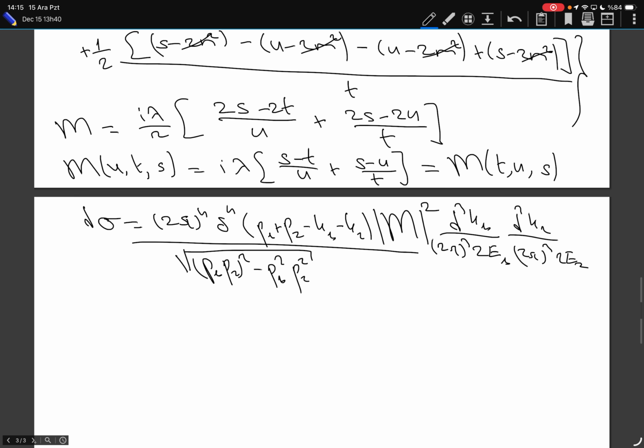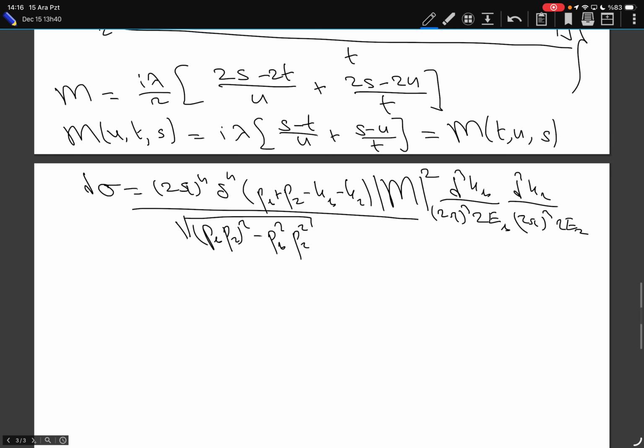So this is my cross section for this process. Now we need to evaluate these integrals, at least reduce them as much as possible. Let's calculate it in a special reference frame, let's say in the center of mass frame.